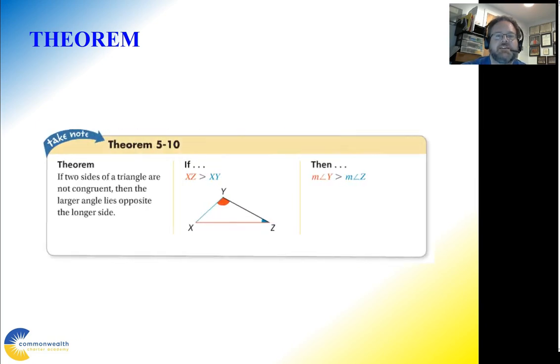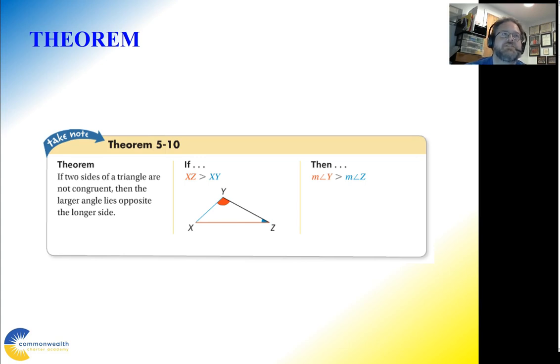Now, another theorem, another characteristic of triangles that we study, is this one here. If two sides of a triangle are not congruent, then the larger angle lies opposite the longer side. So if I compare two sides of a triangle, then I know how the measurements of the angles opposite them relate to each other.